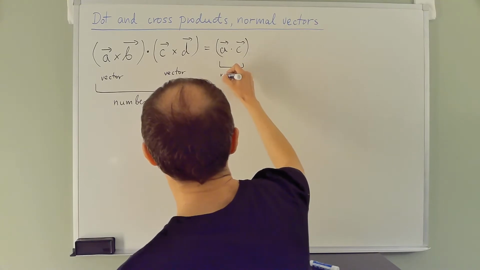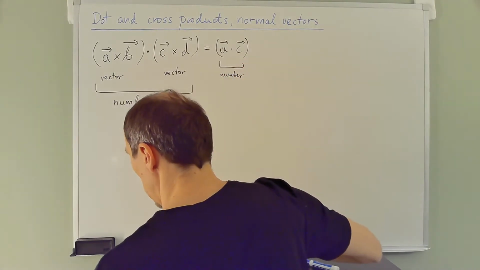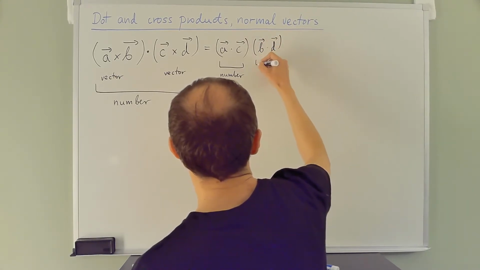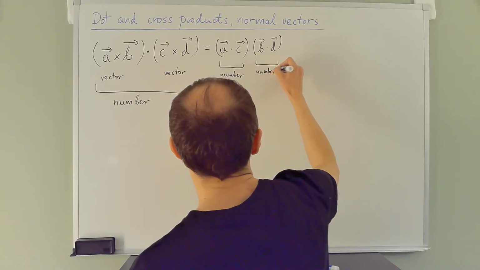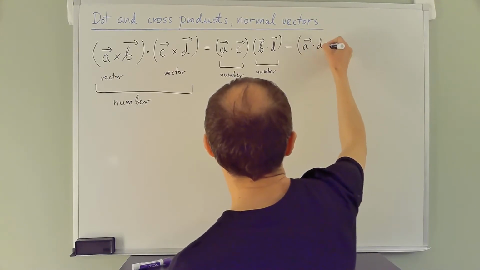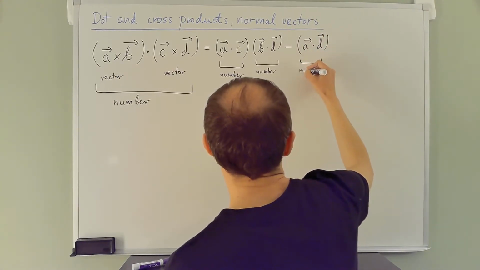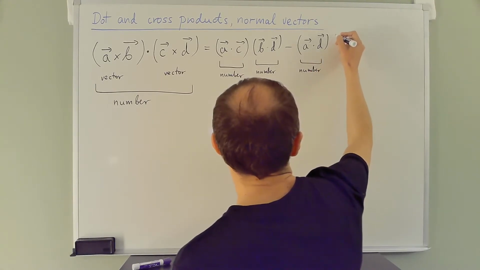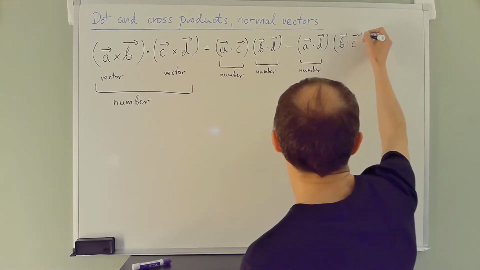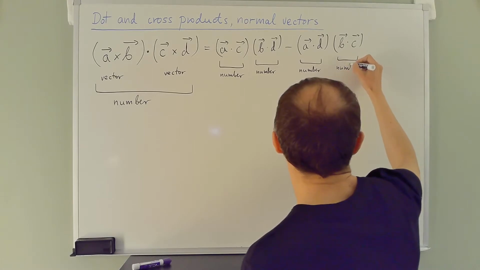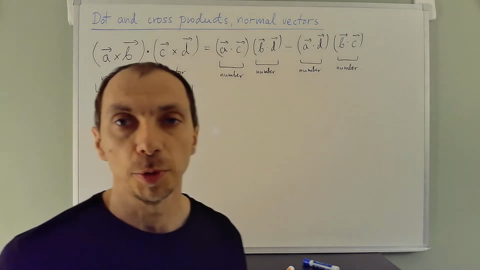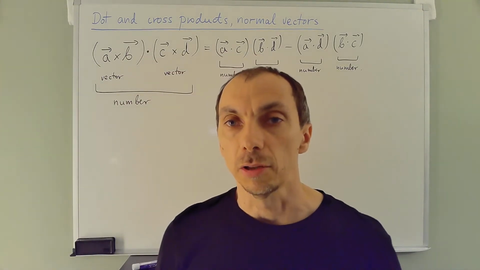So that is a number, times B dotted with D, that is also a number, minus A dotted with D, this is also a number, and then times B dotted with C. This is essentially the only relationship between cross product and dot product we're going to use in our calculation.